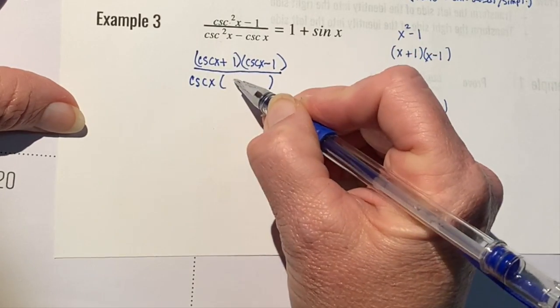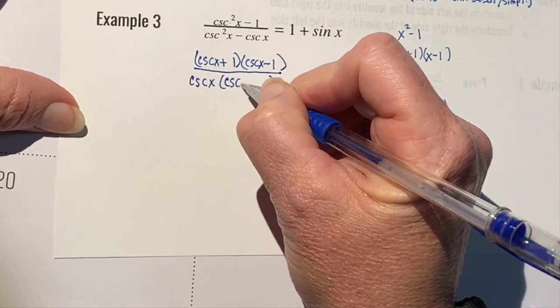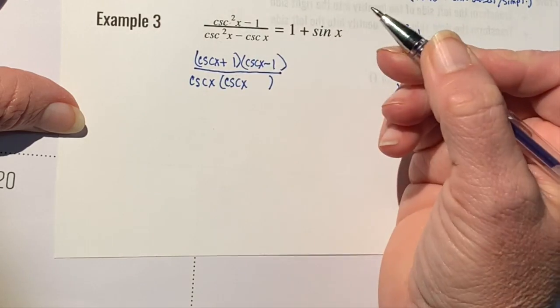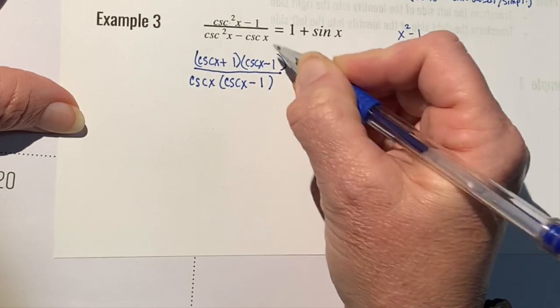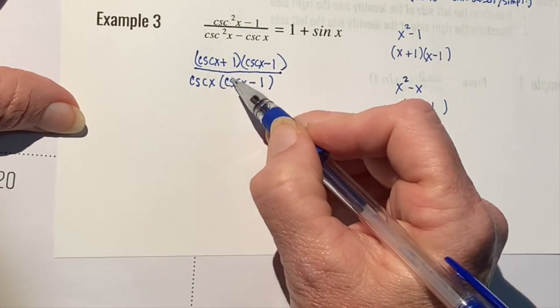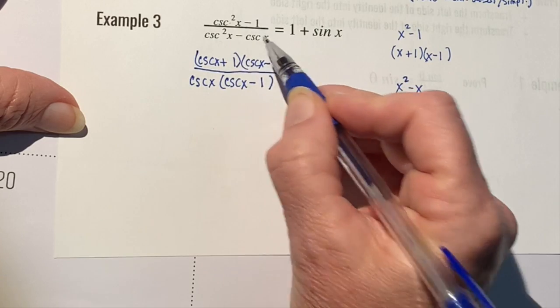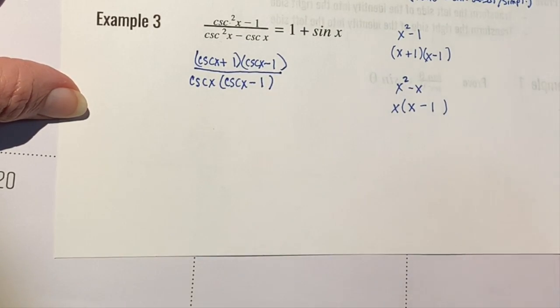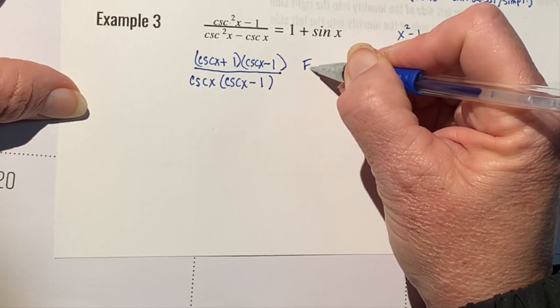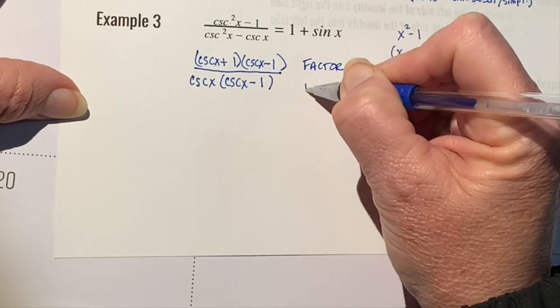Okay, so cosecant x times cosecant x equals cosecant squared x, minus cosecant x times 1 would equal cosecant x. So if you distribute that back, this is what I get. So I factored out the greatest common factor. So in this first step, I just basically factored and factored.